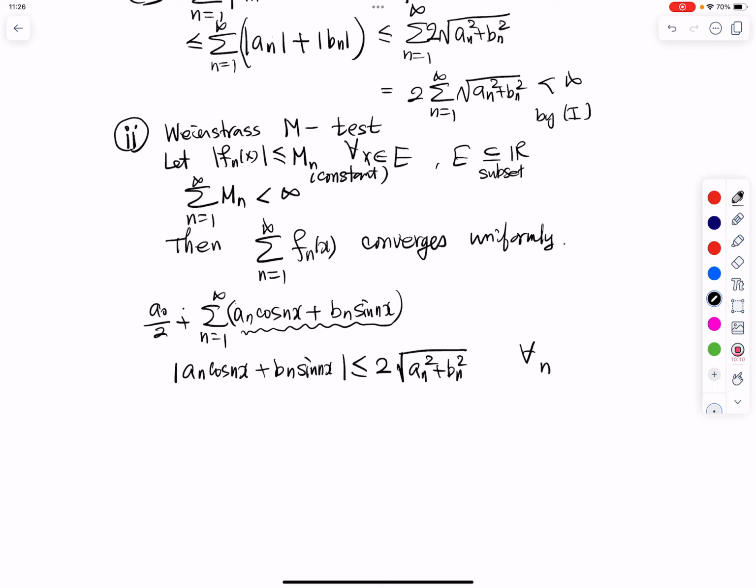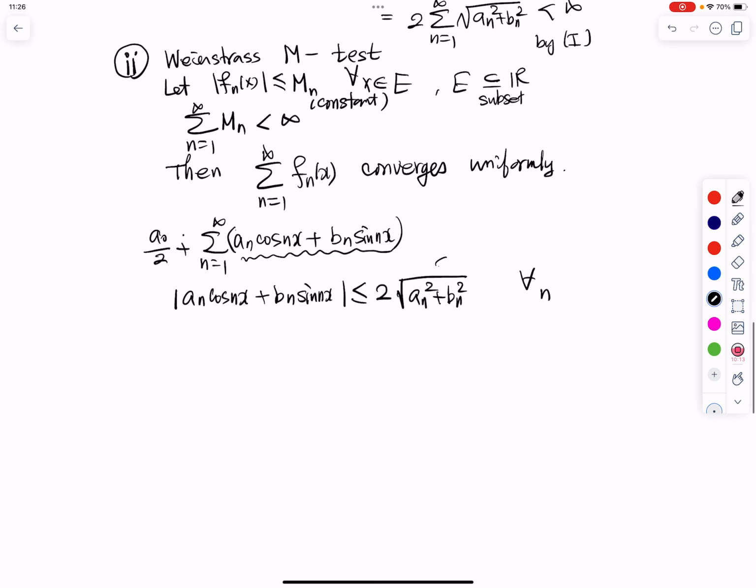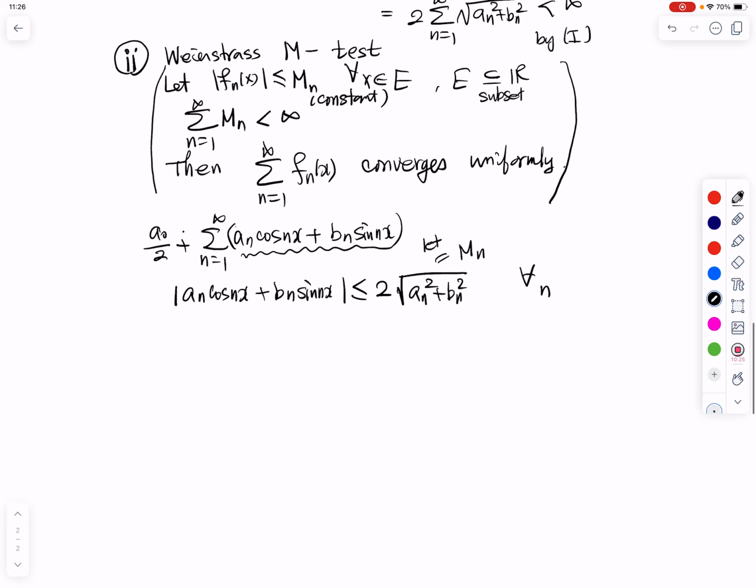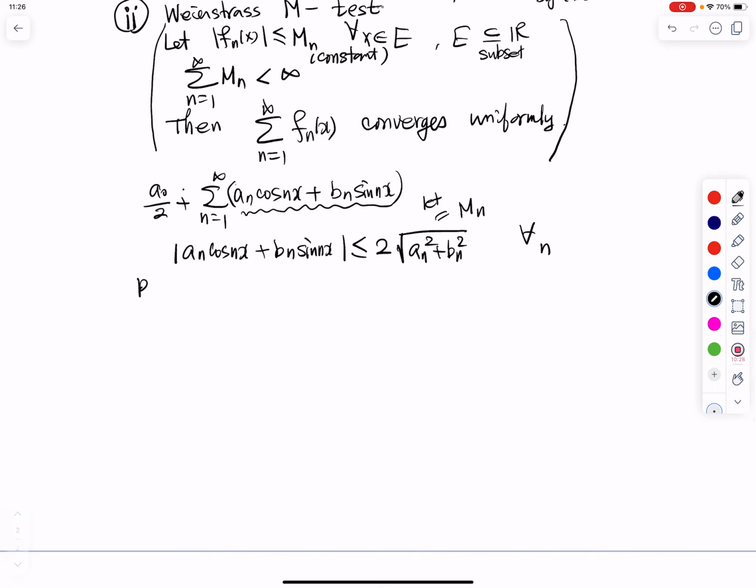So we call this the Mn, in order to apply the Weierstrass M test. This is the Weierstrass M test. And then we know by part 1 that the summation n from 1 to infinity of the square root of an squared plus bn squared is finite.